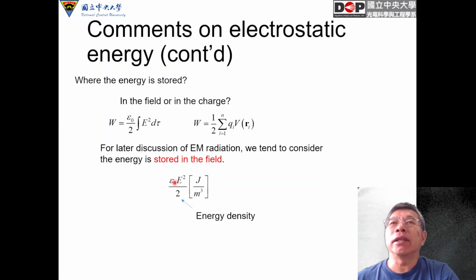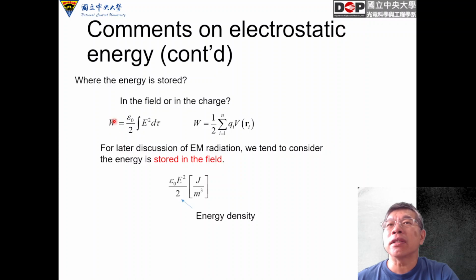And by that, we have a very quick look. That is the energy stored in space. Consider the unit: this thing is a joule, the unit of energy, and this is taking the volume integral into the energy.